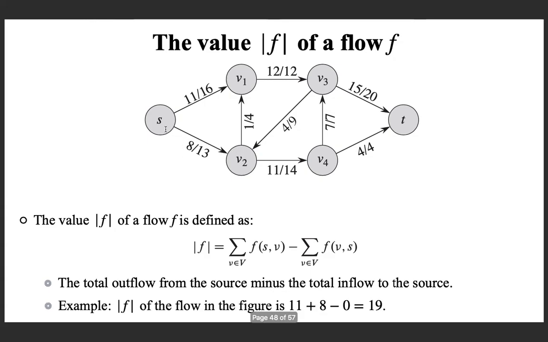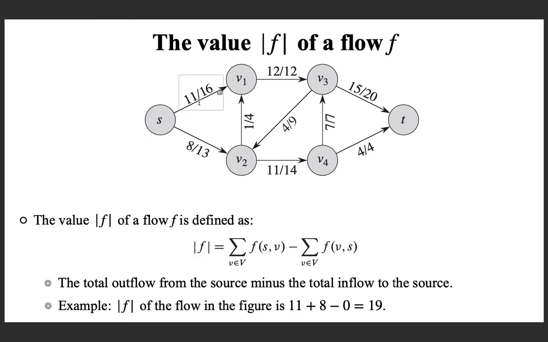In this example, the total outflow is 11 plus 8, which is 19, and the total inflow is nothing, 0. So it is 19, or effectively it is the net flow out of the source vertex. That is the flow going out of the vertex minus the total flow coming into the source vertex.